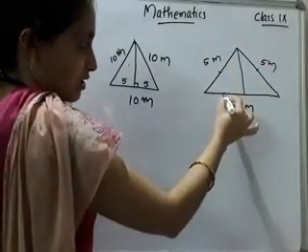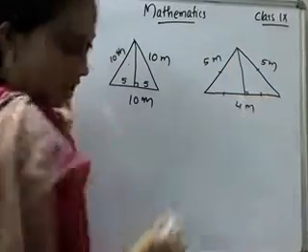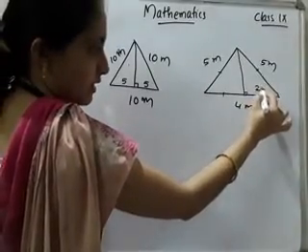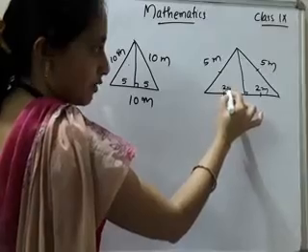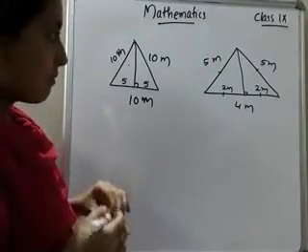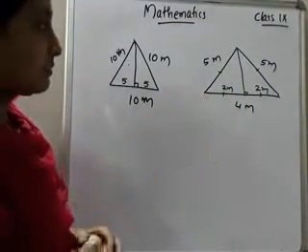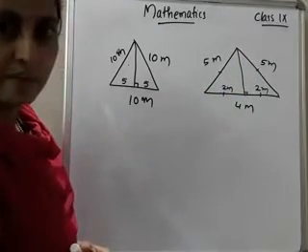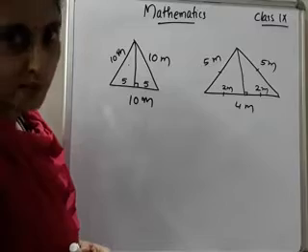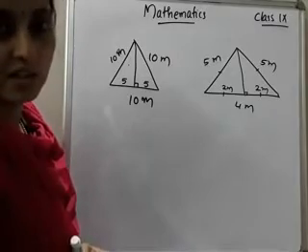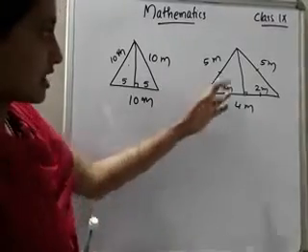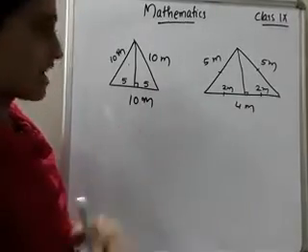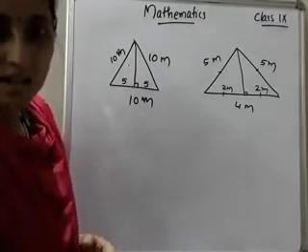Since it is an isosceles triangle, both parts will be equal, so this will be 2 meter and this will be 2 meter. First you have to find the height. By which property? Yes, Pythagoras theorem. You find the height and then find its area. You already studied that in the lower class.